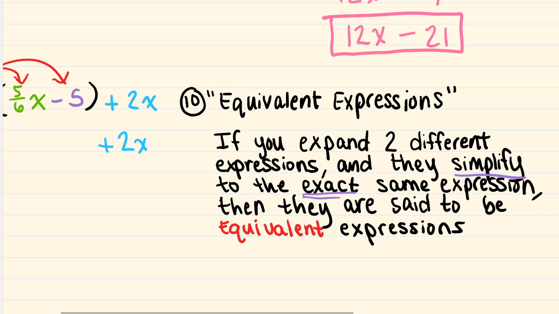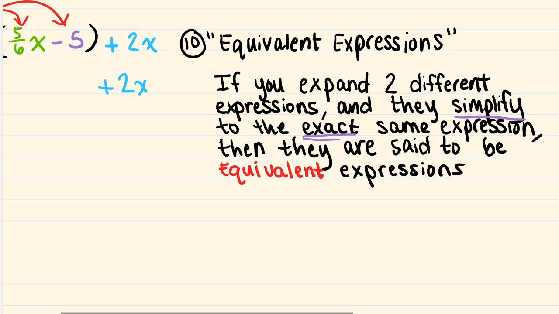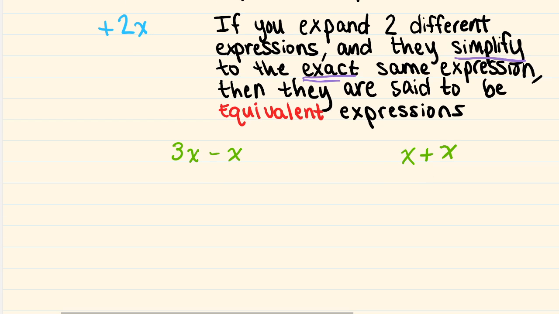So, just a real quick example, if you have 3x minus x, that's one expression. And then you have x plus x as a different expression. They don't look the same, but they are equivalent because 3x minus x is 2x and x plus x is 2x. So they simplified to the same thing.